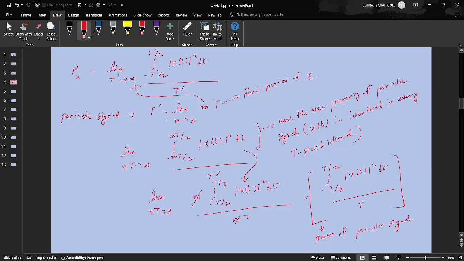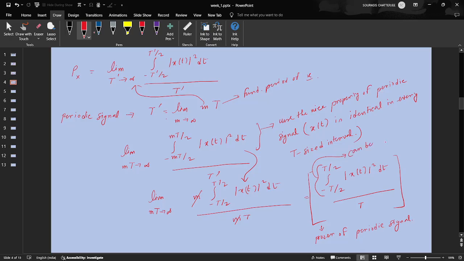When T dash goes to infinity, you have to compute the integral over a very large interval to get the power of the signal. But in a periodic signal, the only thing you need to do is compute the integral over one period, that is, a T-sized interval. Here I am writing minus T by 2 to T by 2 for symmetry, but let me clarify that this can be any T-sized interval.